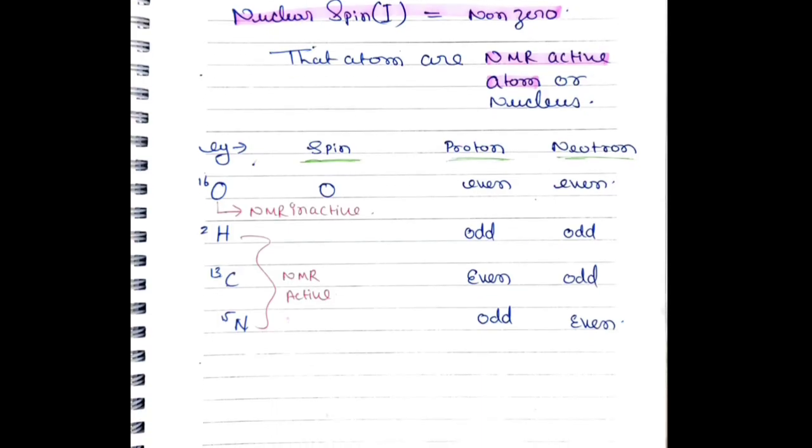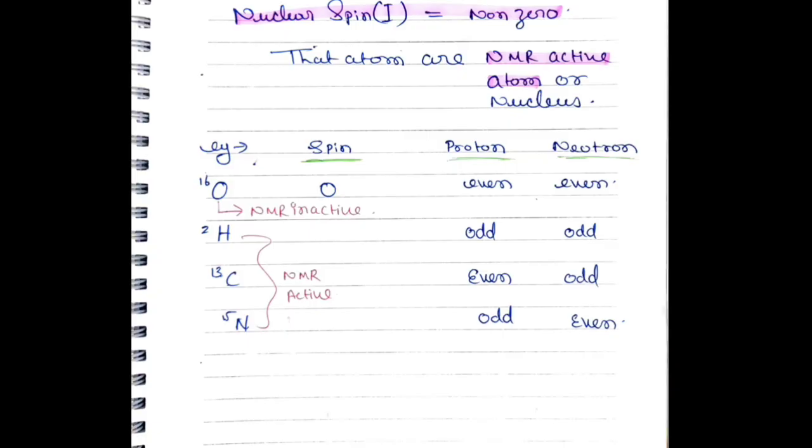For example, oxygen 16 is NMR inactive because 16 neutrons and protons are present in it, and protons are present in an even number and neutrons are also present in an even number. We already know that if protons and neutrons are present in even numbers, the overall spin of the nucleus is 0, so oxygen is NMR inactive.